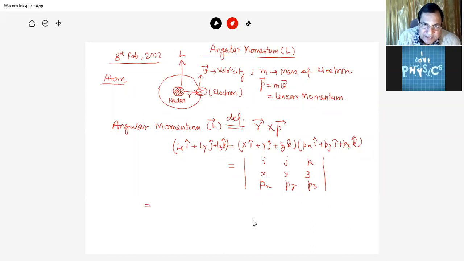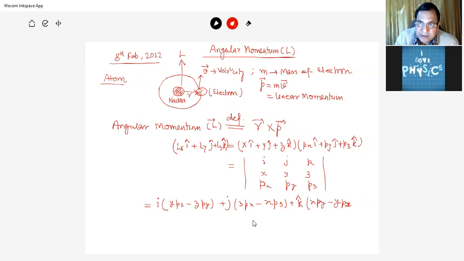Expanding this, eliminating the row and column for i, we get Ypz minus Zpy, plus for j, Zpx minus Xpz, and taking the coefficient of k, Xpy minus Ypx. This is equal to Lxi plus Lyj plus Lzk.